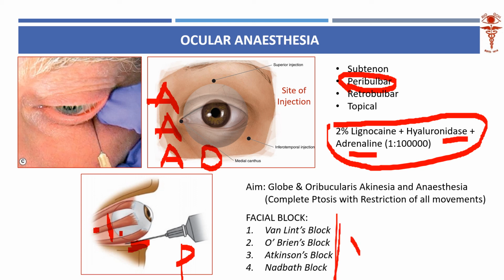This is called a seventh nerve block. The seventh nerve had to be separately blocked in a retrobulbar procedure. But now that is slowly avoided, and only a peribulbar procedure is given. So at present, this kind of seventh nerve block is not needed anymore.